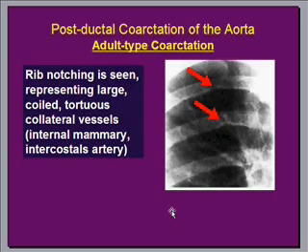Now this is another interesting point about the adult type of coarctation of the aorta. In fact, this kind of feature also can be seen in the infantile type. What is happening here? Since the upper extremity is getting huge amount of blood, more than normal, most of the blood vessels in the upper extremity will be dilated.